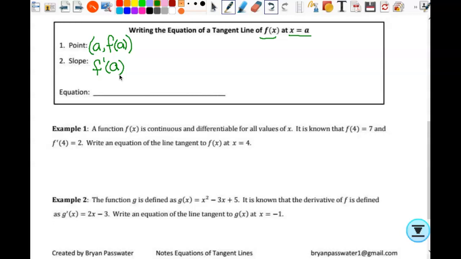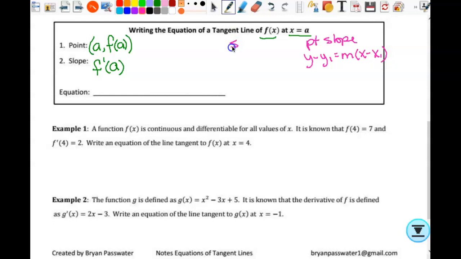There are 3 different ways that we can write the equation of a line, 3 different forms. Anybody give me one of the forms? Point slope. Okay, so we can have point slope, which would be y minus y1 equals m times x minus x1. Right? And then what's another way?